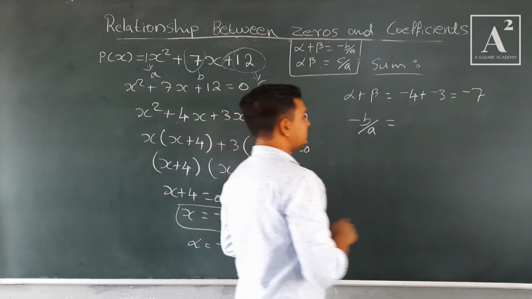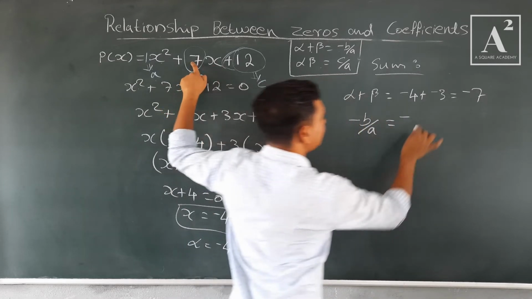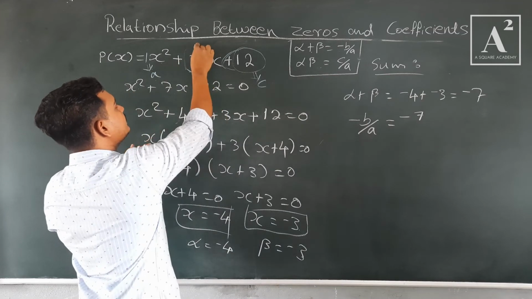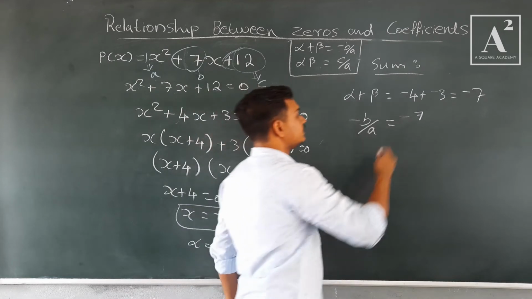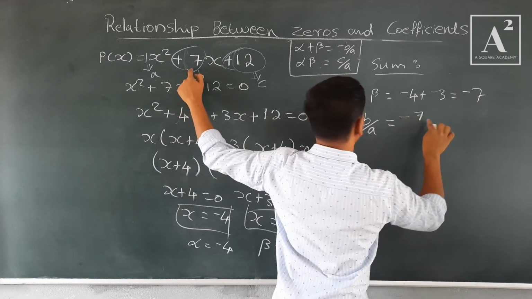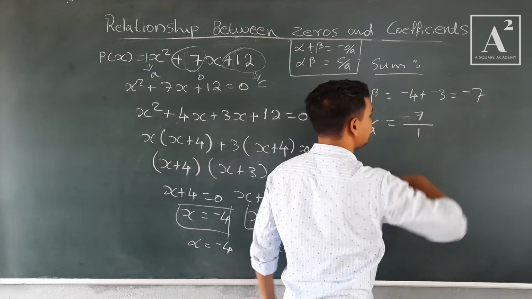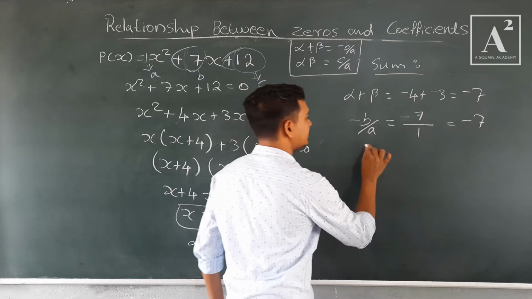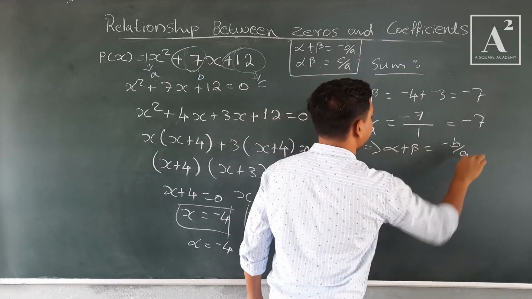Let's try this. Minus of b value is 7. Here also including sign, while you are considering the coefficient you must take it including the sign. So minus of plus 7 divided by a, that is 1, so we got minus 7. So alpha plus beta is equal to minus b by a.